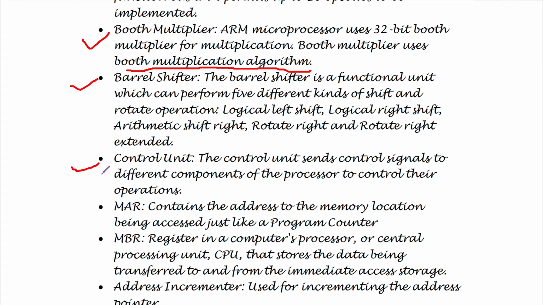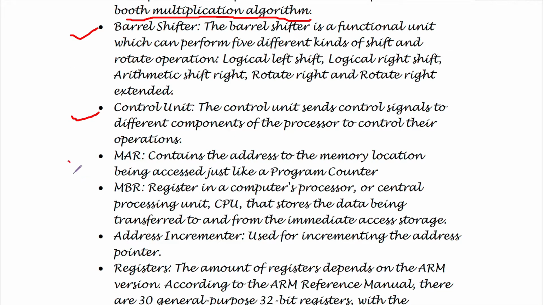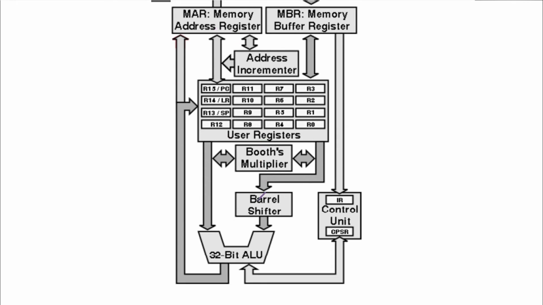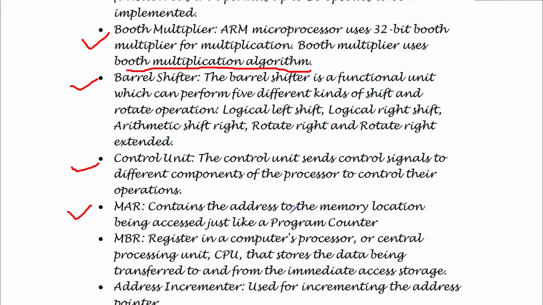Then talking about the control unit, it sends control signals to different components of the processor to control their operations. This we have studied in different processors as well as peripherals. MAR, the memory address register. So basically, what is this register? It contains the address of the memory location being accessed, just like a program counter.